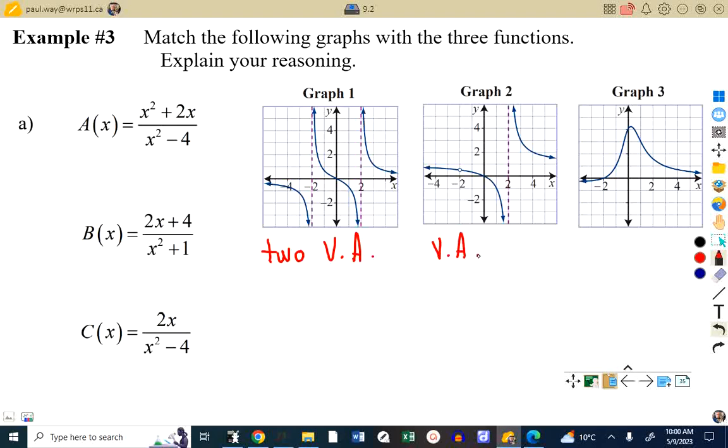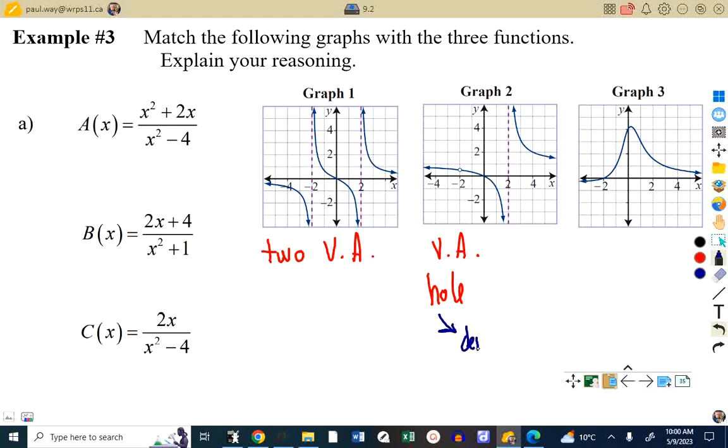You can see it's at 2. And I have a hole. You can see it's at negative 2. Where we are going with this, everybody, is if there is a hole at negative 2, that means we need a factor in the denominator.